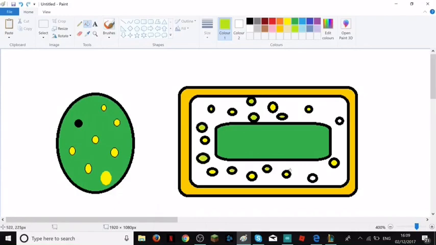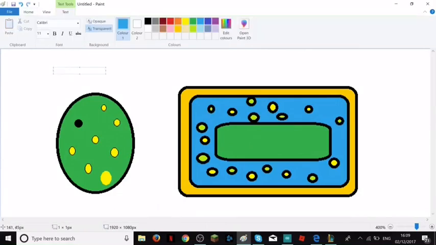So here all the green is the chloroplast. Now we also need to do the cytoplasm, but for this I'll do the cytoplasm as blue. So this is an animal cell, and I'll label them in a second just so it's a bit clearer.